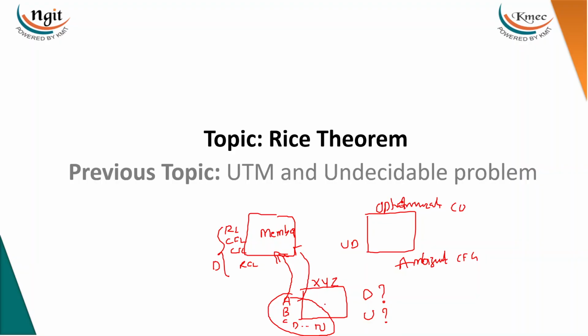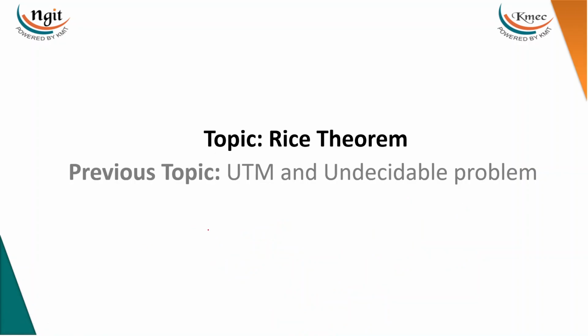So this reduction to prove that something is decidable or undecidable, we call the Rice theorem. Rice proposed a theorem to prove decidability or undecidability. Most of the time we use it to show undecidability. Let me go with that.